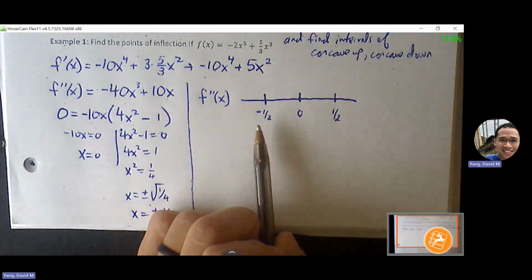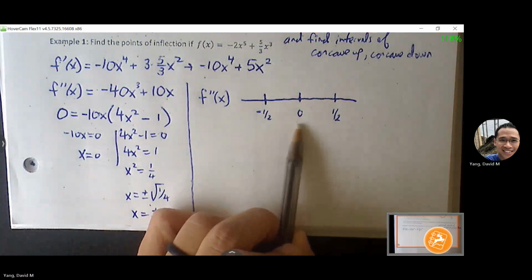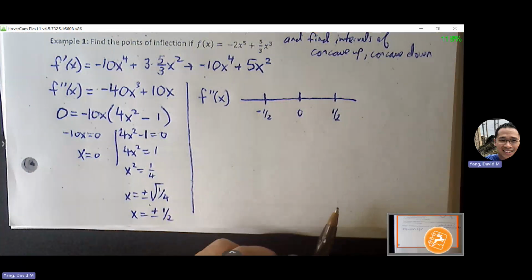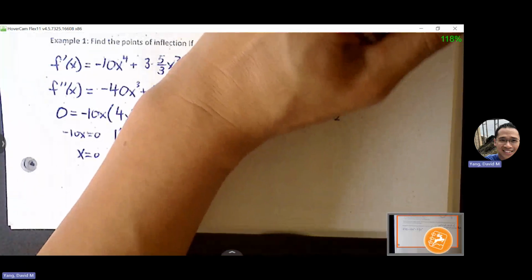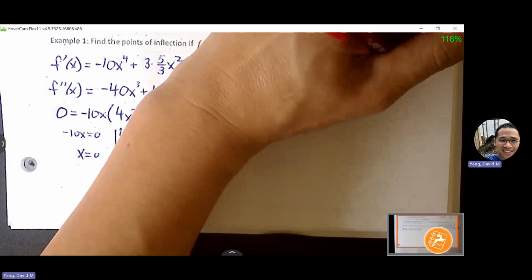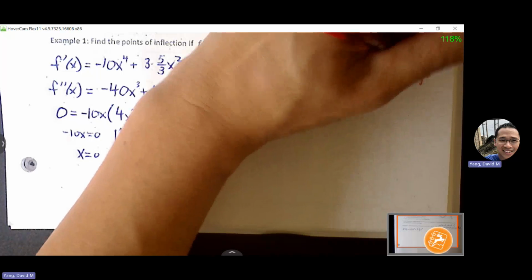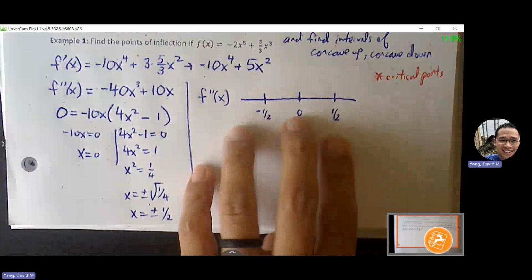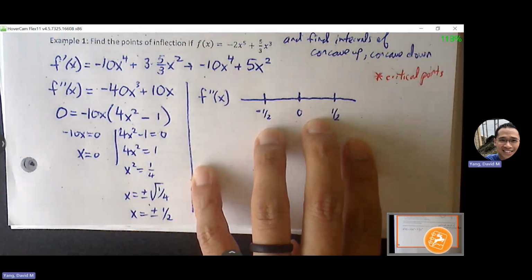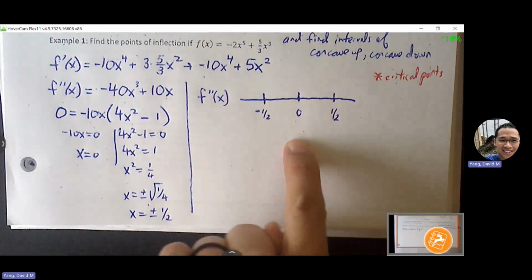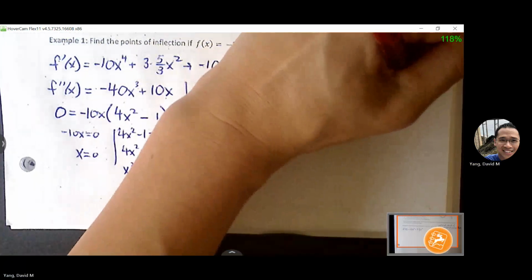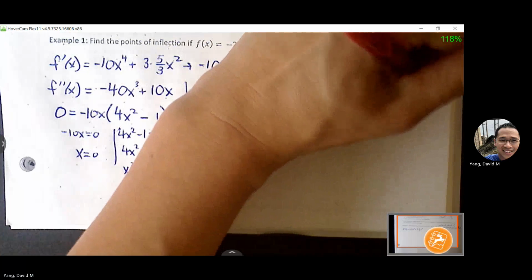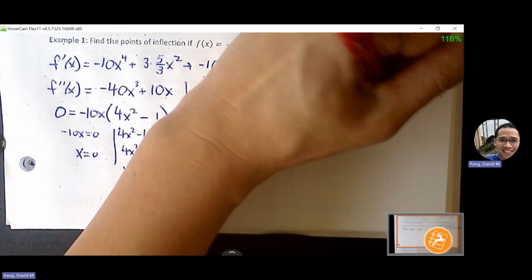Now, what I've placed here, these are potential points of inflection. Okay, these critical points are potential points of inflection. I'll put that here. Critical points. Just like how from the first derivative function, the critical points are potential relative extremas, relative maximums. But here, with the second derivative function, the critical points are potential points of inflection.